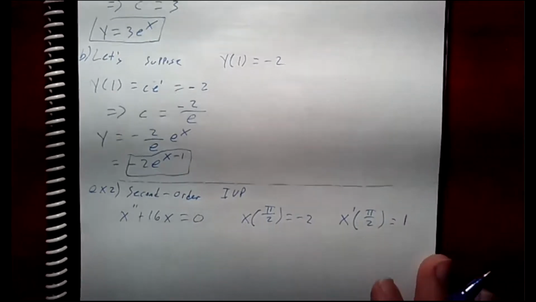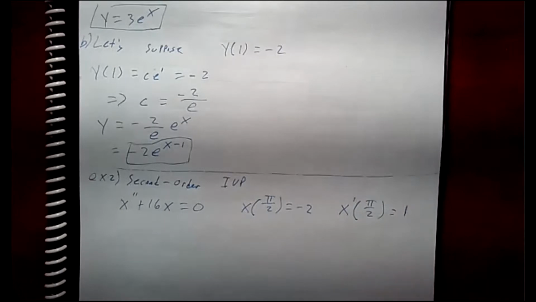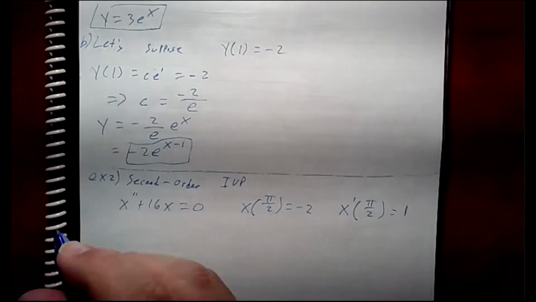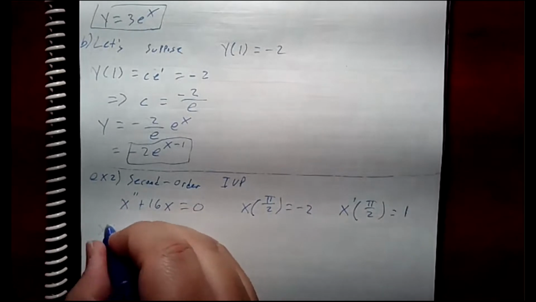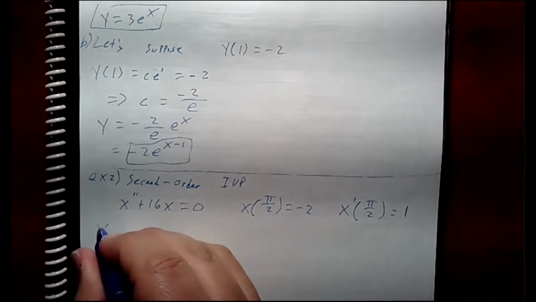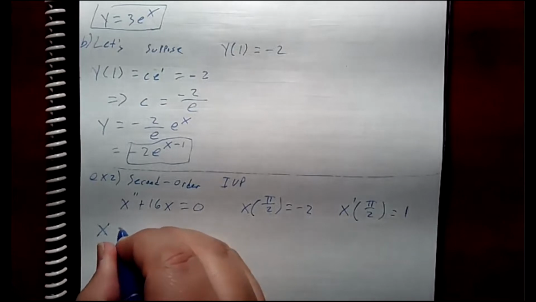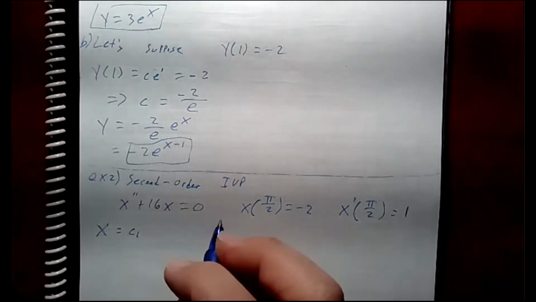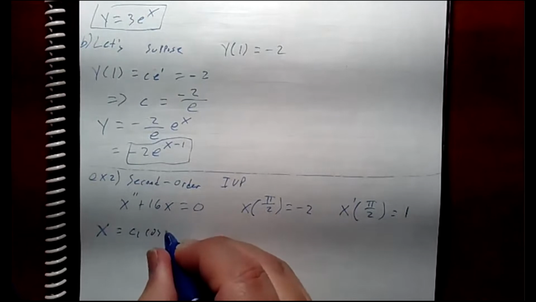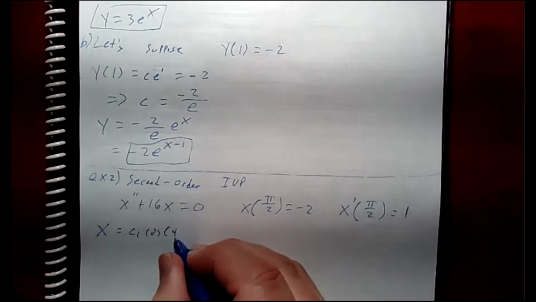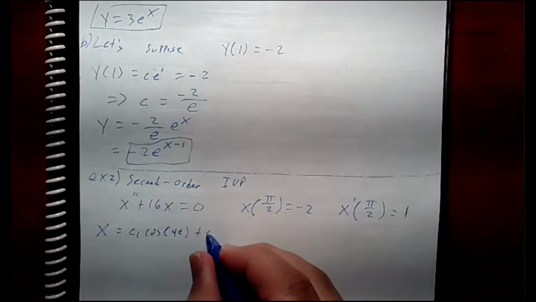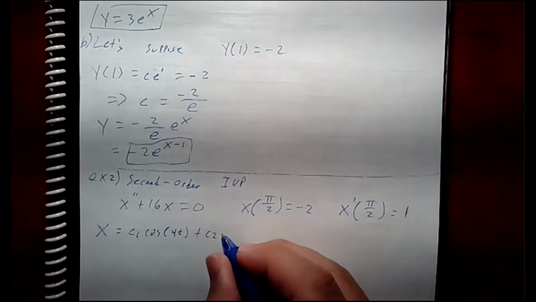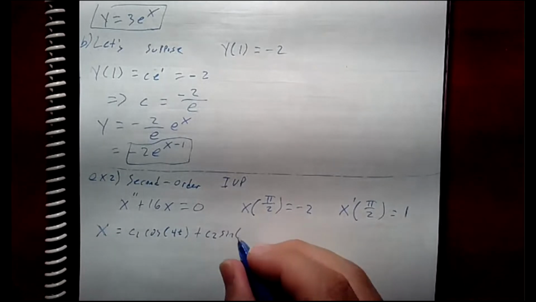So currently we're not solving any DEs yet. Well, we will very soon in chapter 2. But right now I'm just going to give you the solution. So the solution x that satisfies this differential equation is going to be this guy: C1 cosine of 4t plus C2 sine of 4t.